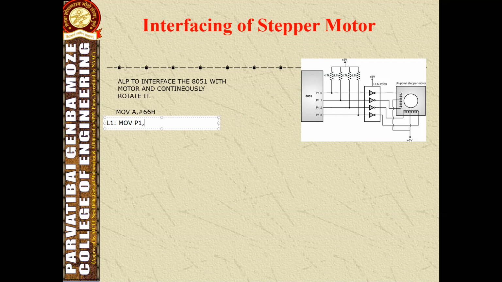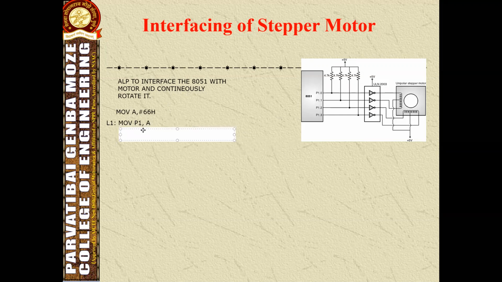MOV P1, A. Here we are loading the immediate value, the hex value 66H, into the accumulator. These are the step sequence which we provided to the accumulator, and that value is loaded into port 1, because the four windings of the motor are interfaced to port 1.0 to port 1.3.